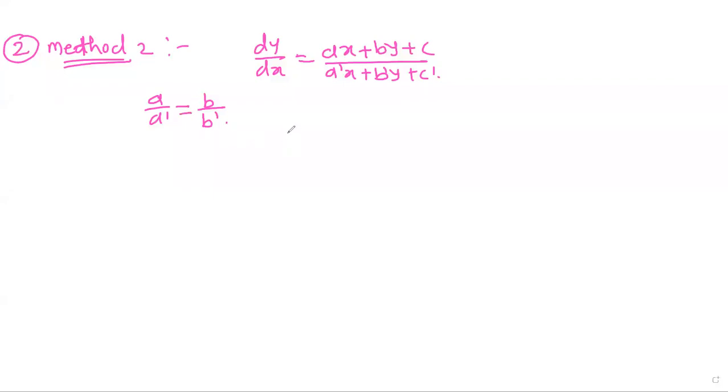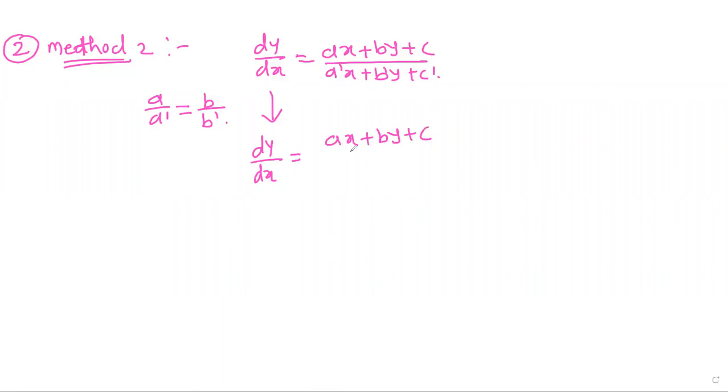So if the ratios are the same, you can take a common multiple number from any two of these terms, then this equation becomes dy by dx is equal to m into, or you can write it in this way also, you can take a common multiple number.